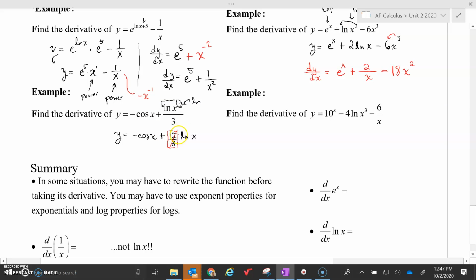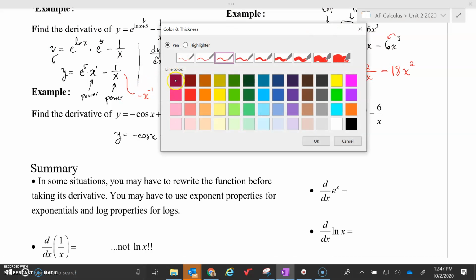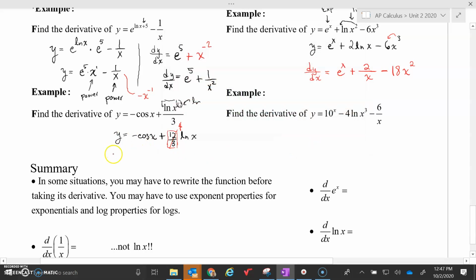So that's just 4. Okay. So let's go ahead and take the derivative. I guess I will do the derivative in a maroon color instead of the red, since I had already used that one in this problem. So dy dx equals, what's the derivative of cosine?